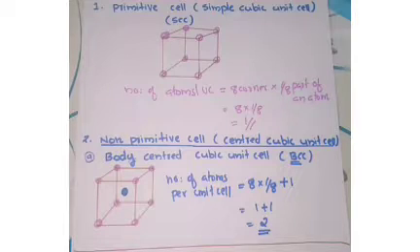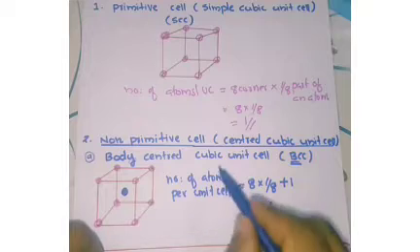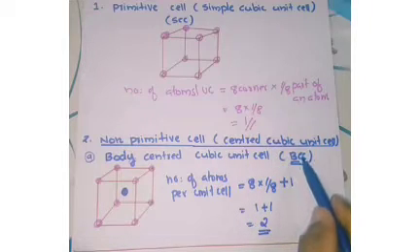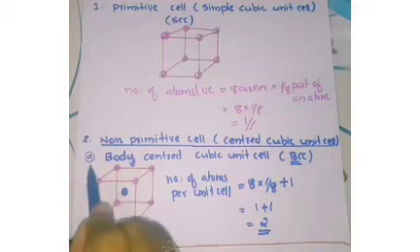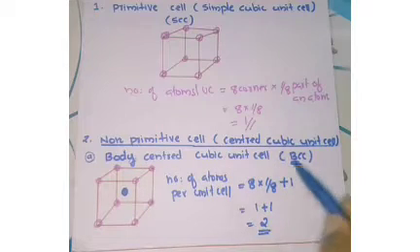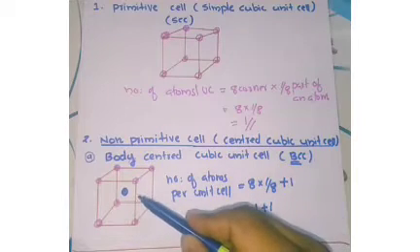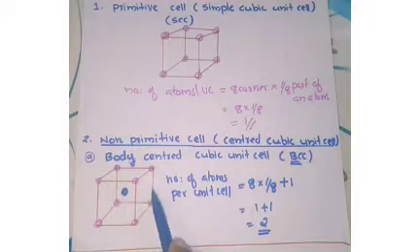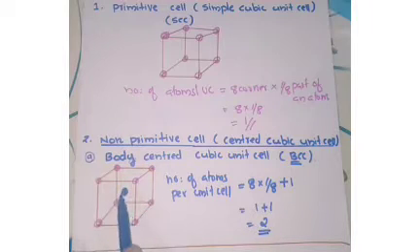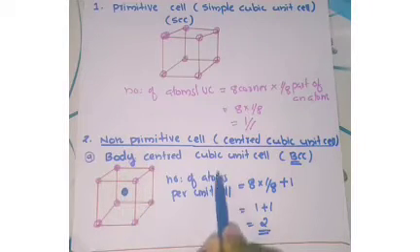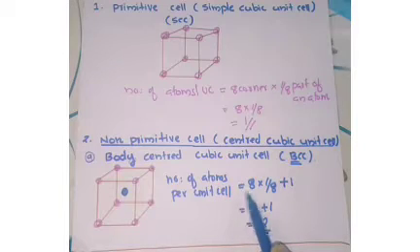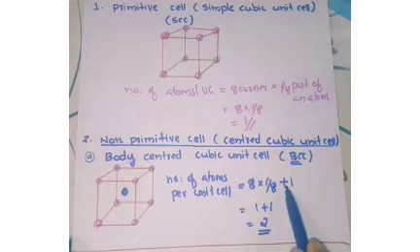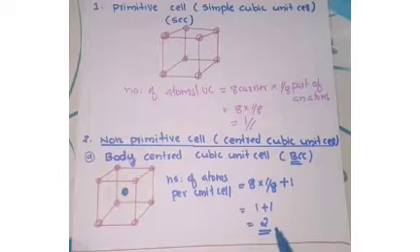The number of atoms in a body-centered cubic unit cell is 2. Non-primitive or centered cubic unit cells are classified into 3.